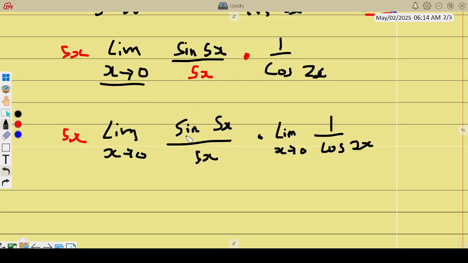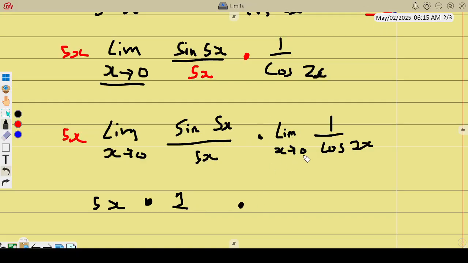The whole lot of this, the limit as x approaches 0 with 5x and 5x, is 1. So the 5x is outside, times the whole lot of this is 1, times the limit as x approaches 0.